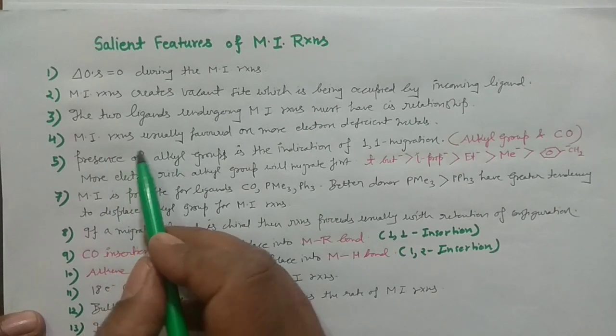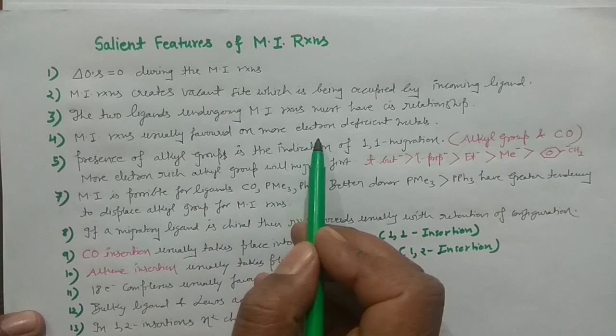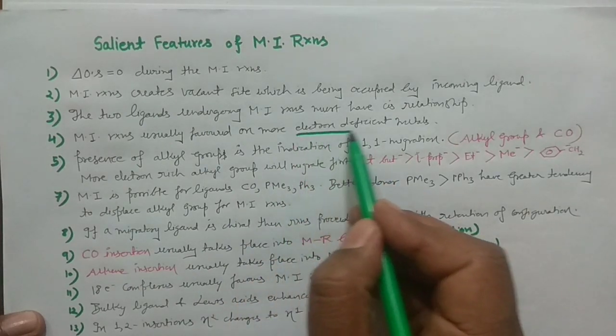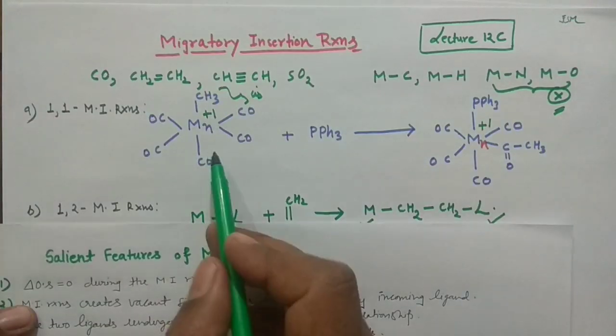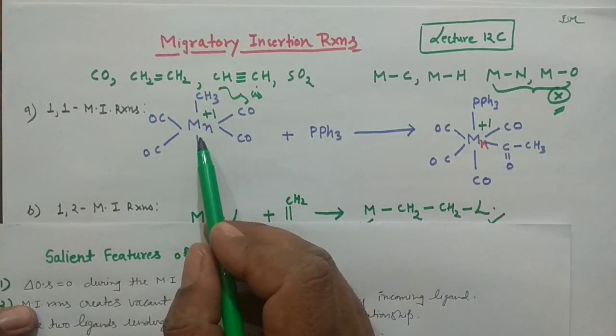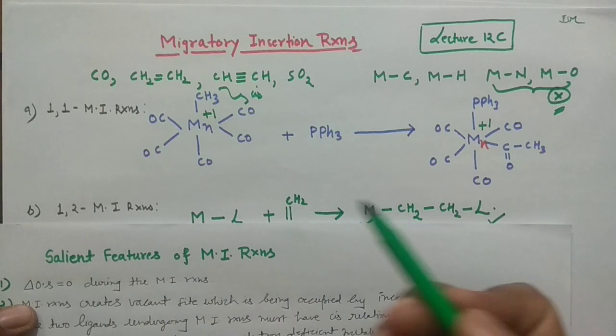Migratory insertion reactions are usually favored on the more electron deficient metal. This is quite obvious, guys. Whenever you are given two complexes with the same metal, one is more electron rich and the other is electron deficient.